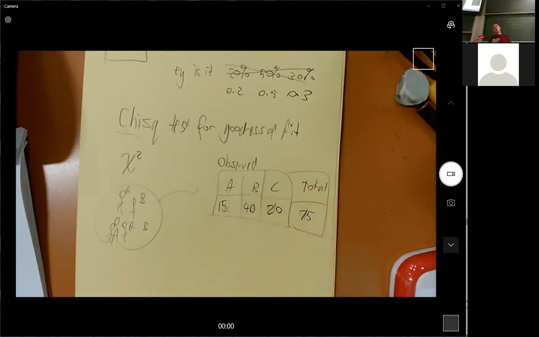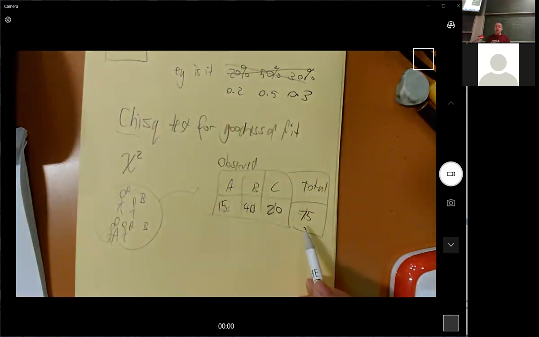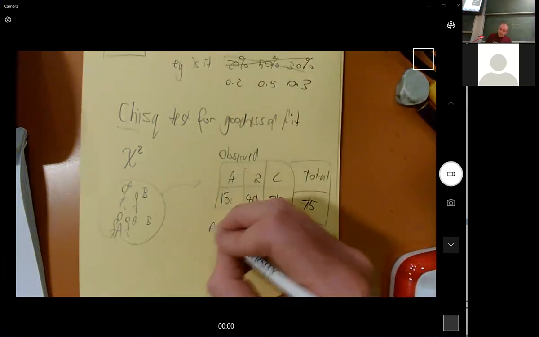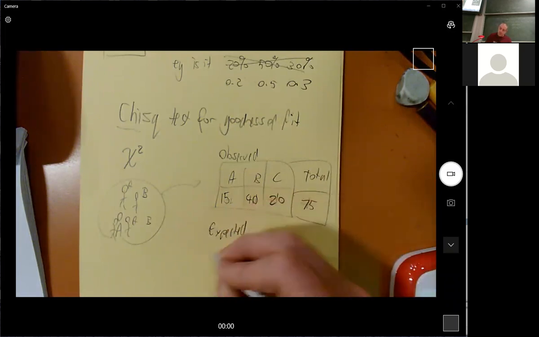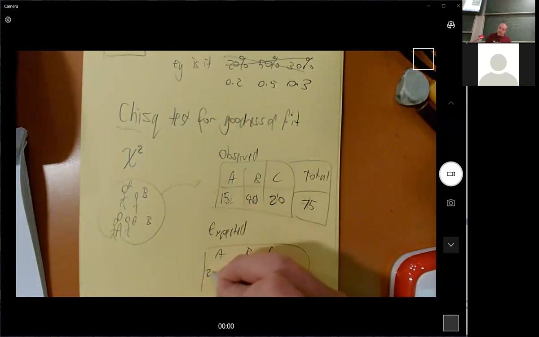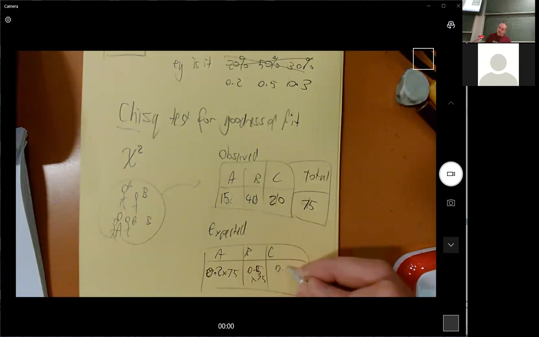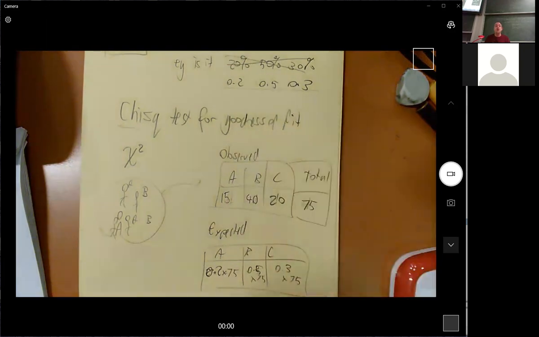So if it really was 20%, 50%, 30%, then out of 75, I would have expected 20% of the 75 to be in this spot, and 50% of the 75 to be in this spot, and 30% of the 75 to be in this spot. So this should be 0.2 times 75 and 0.5 times 75 and 0.3 times 75.